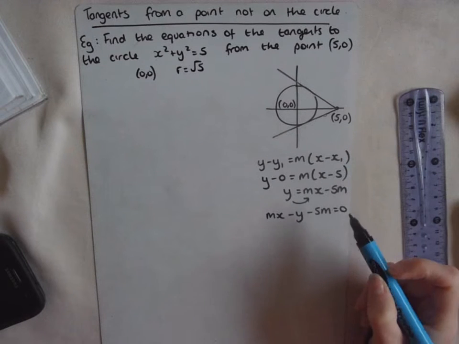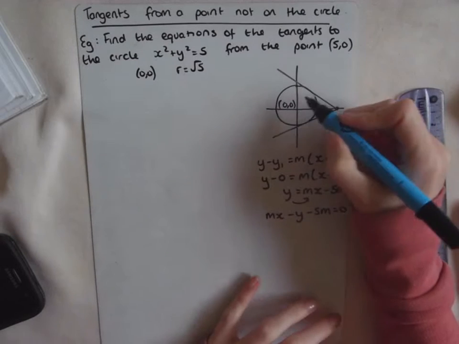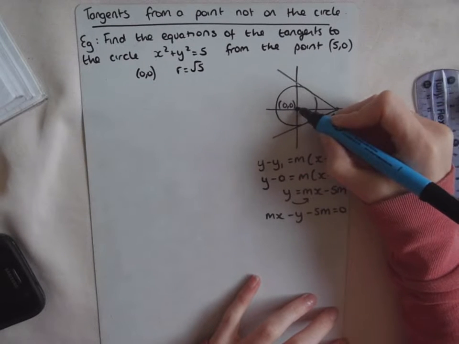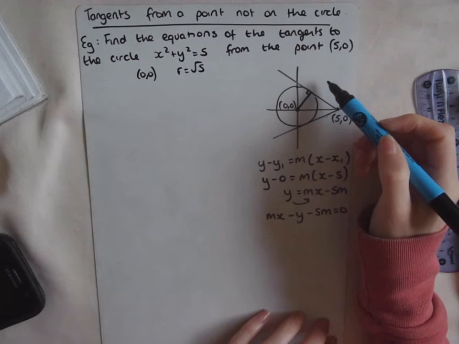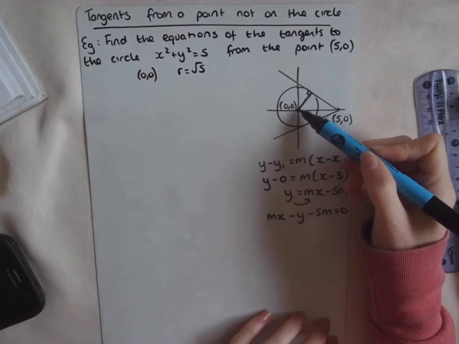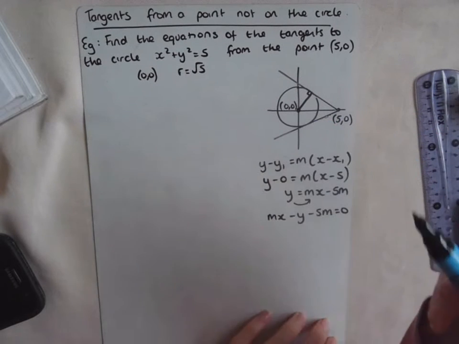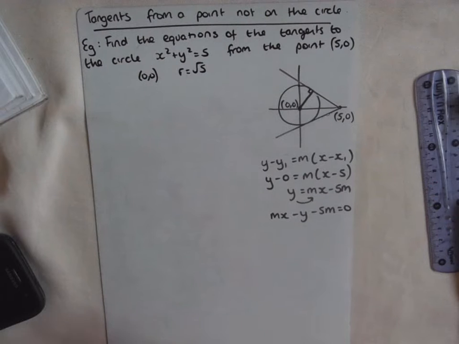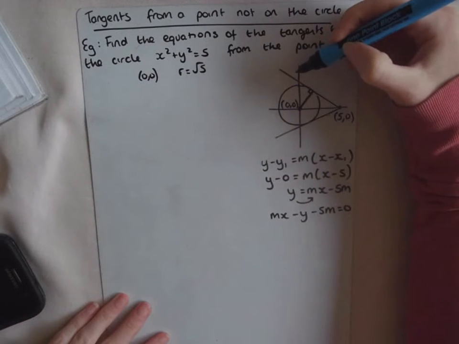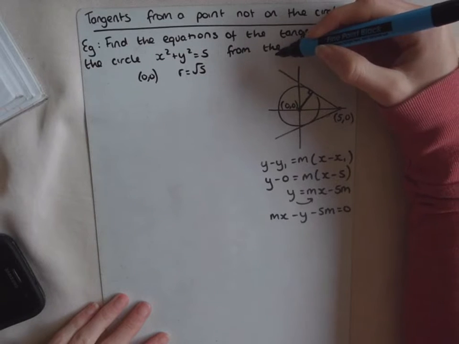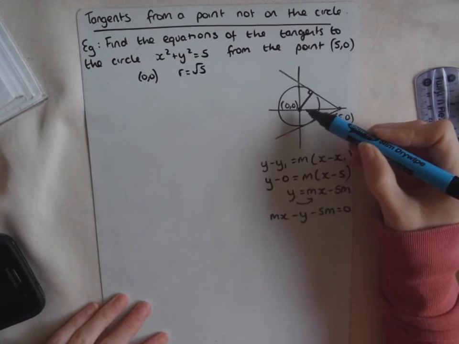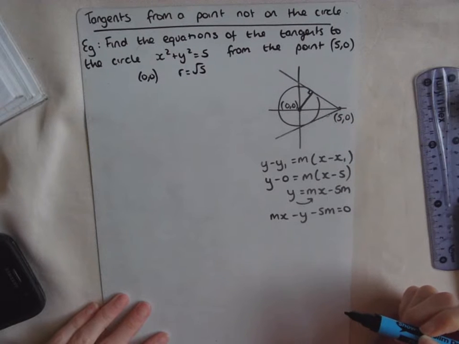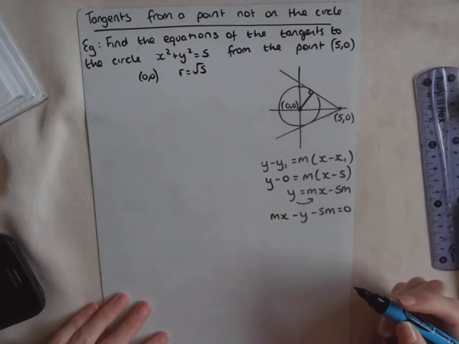So the next thing we know with tangents and circles is that the perpendicular distance from the line to the centre is equal to the radius. So if we do the perpendicular distance formula using this line and this point, we'll be able to put it equal to the radius, and we'll be able to find out what m is.